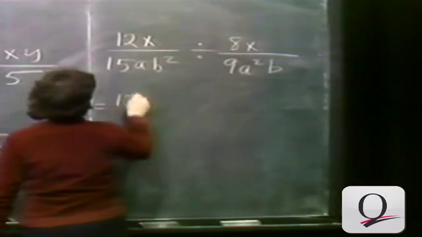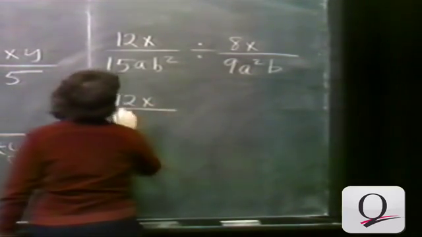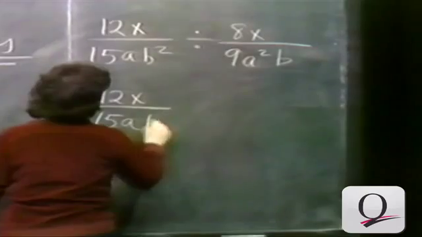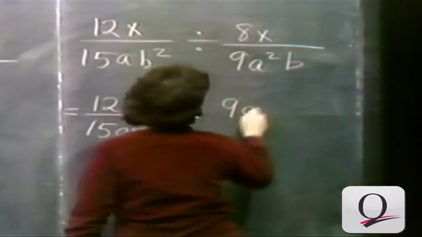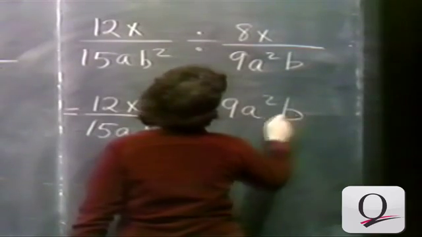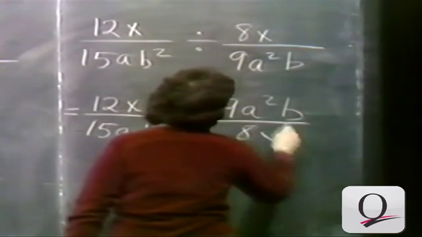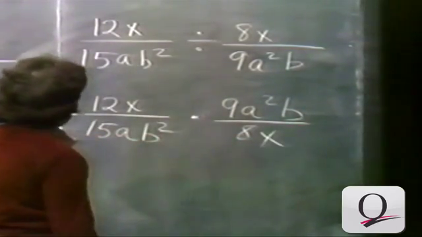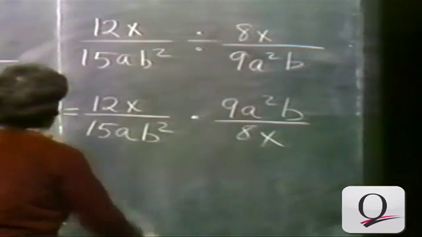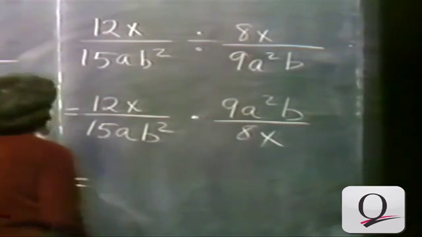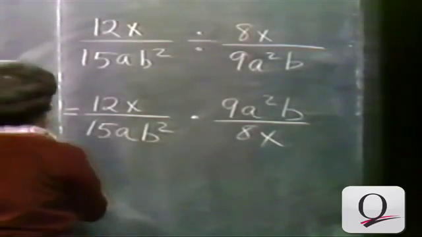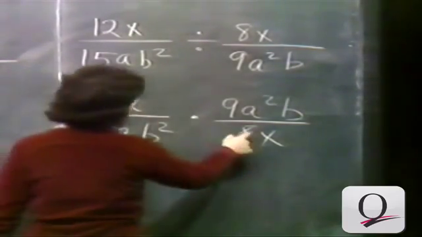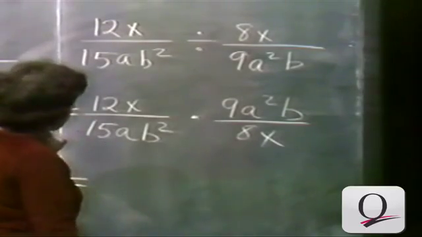Okay, we're going to do this division by inverting and multiplying, so we'll have multiplication by 9a squared b over 8x. All right, now, let's see what's in common here. 8 and 12 have a factor in common, 4.